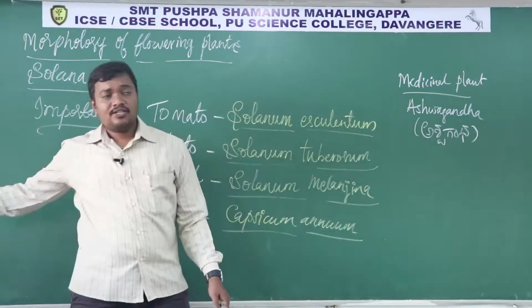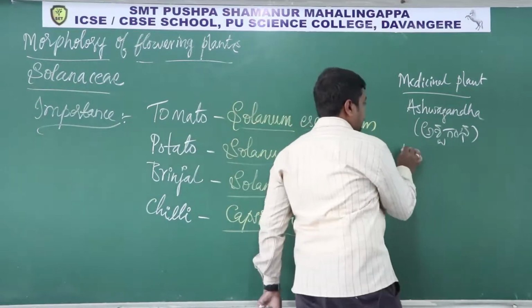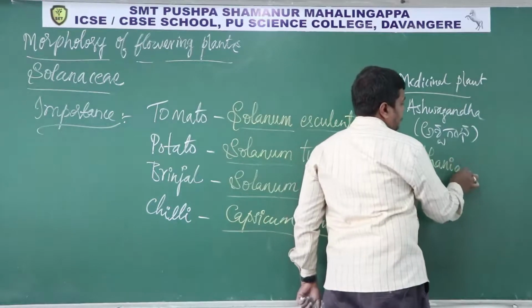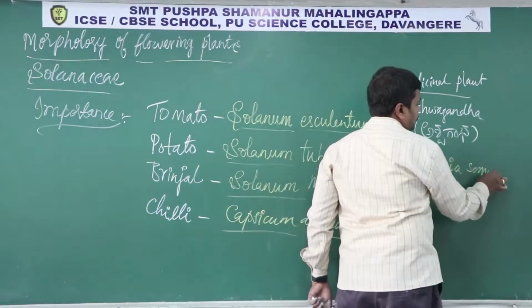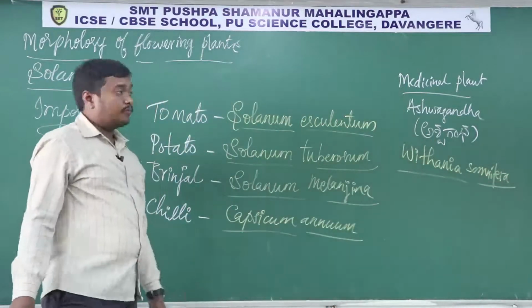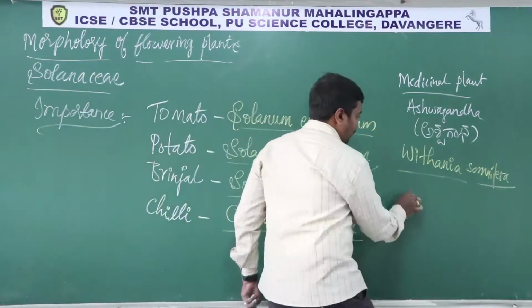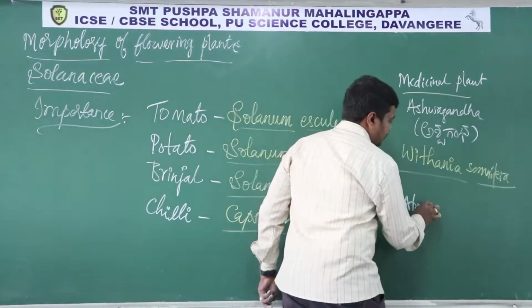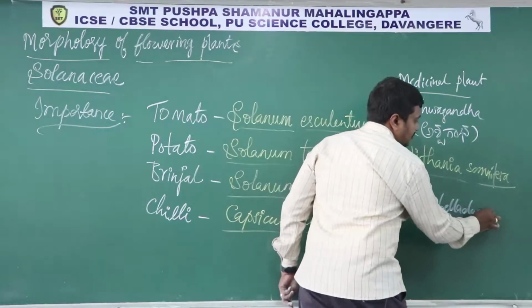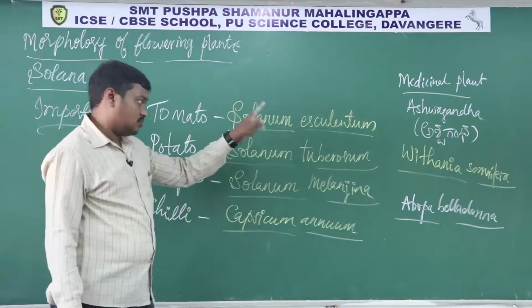Okay, so this Ashwagandha belongs to Solanaceae. So the scientific name is Withania somnifera. And one poisonous plant is also there, called Atropa belladonna. Atropa belladonna is also medicinal.